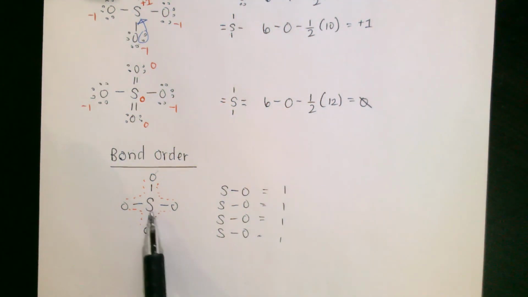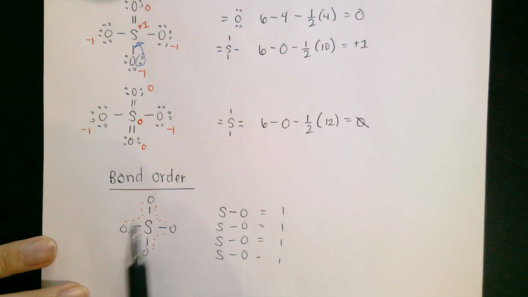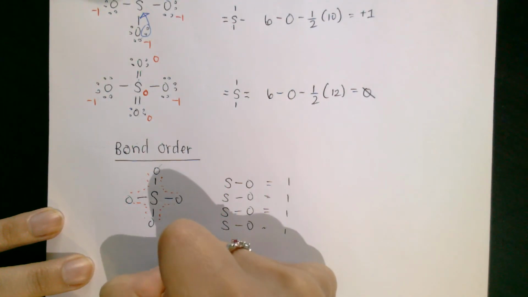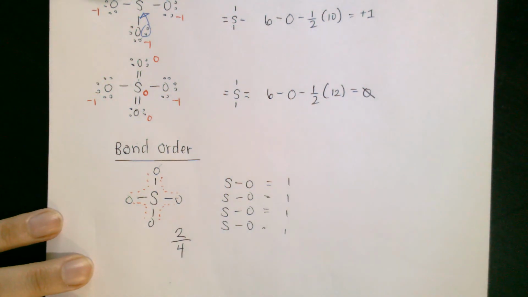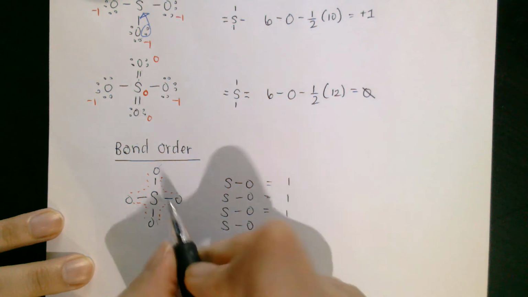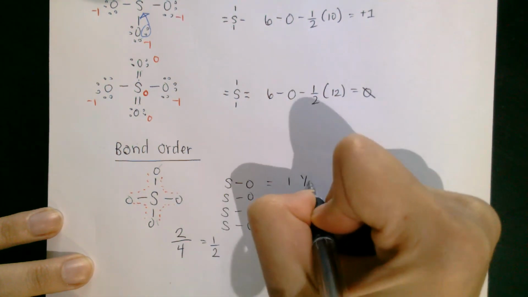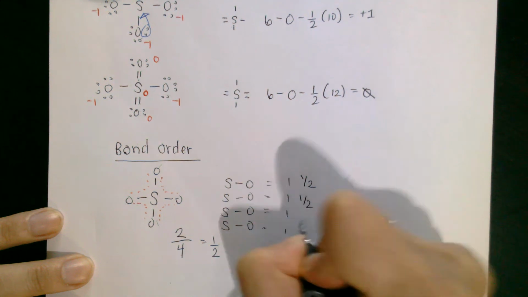Now we have 2 double bonds. These are the ones that I've broken up, floating around. 2 double bonds that we're dividing amongst 4 oxygens gives us a 1/2. So each of these is a 1 1/2.